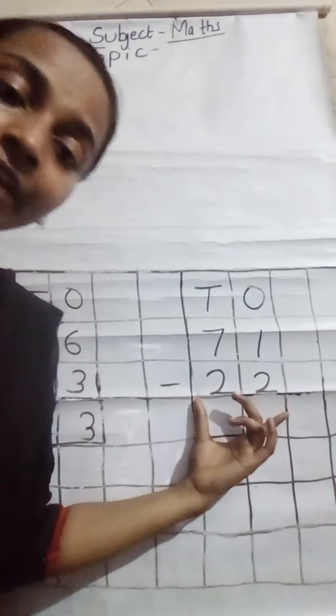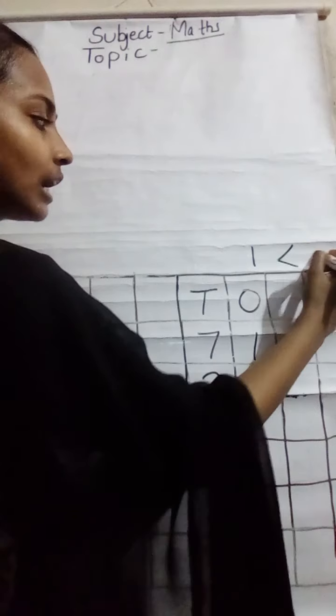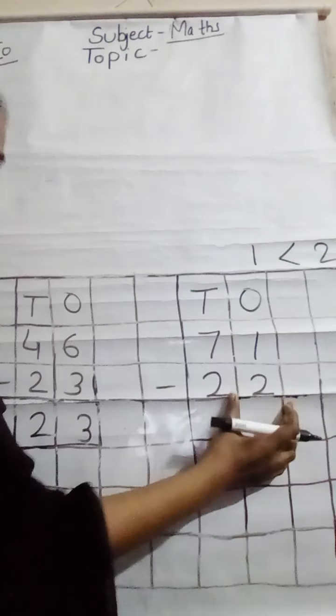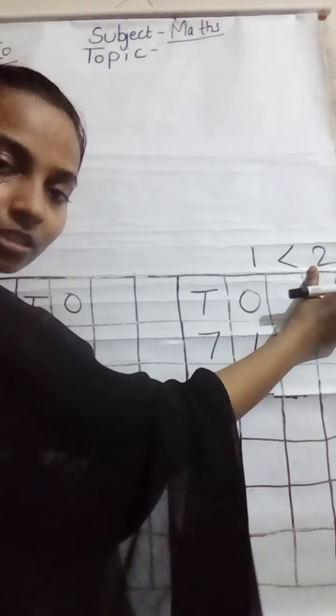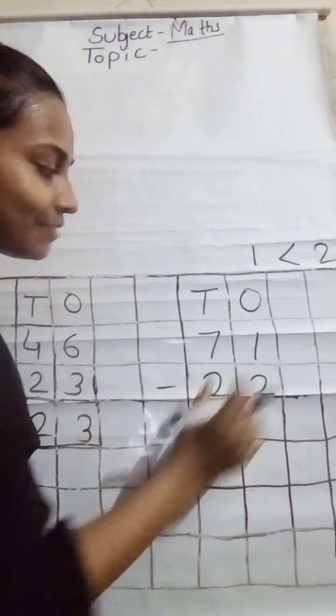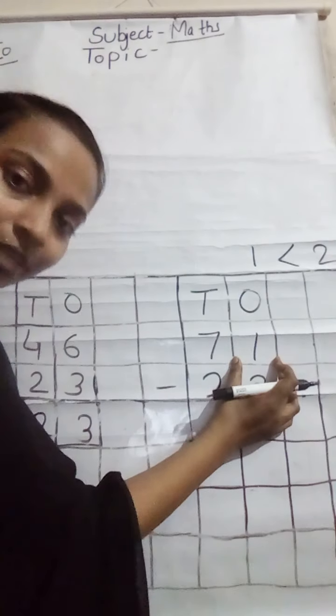Then how do I subtract 1 minus 2? Here 1 is smaller and 2 is the larger number. So how do we subtract? Children, we have to borrow one, okay.